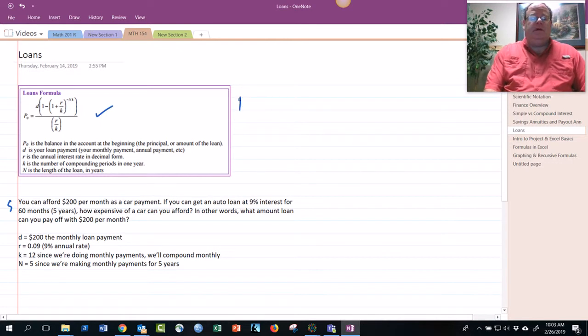Here's the formula then. P sub n is going to be the total amount of the loan. We know our D is 200, times, open parenthesis, 1 minus, open parenthesis, 1 plus the interest rate, 0.09, divided by 12 because it's monthly.